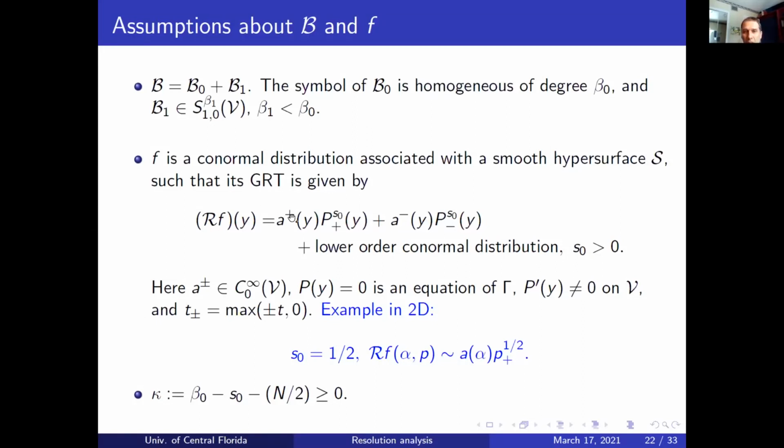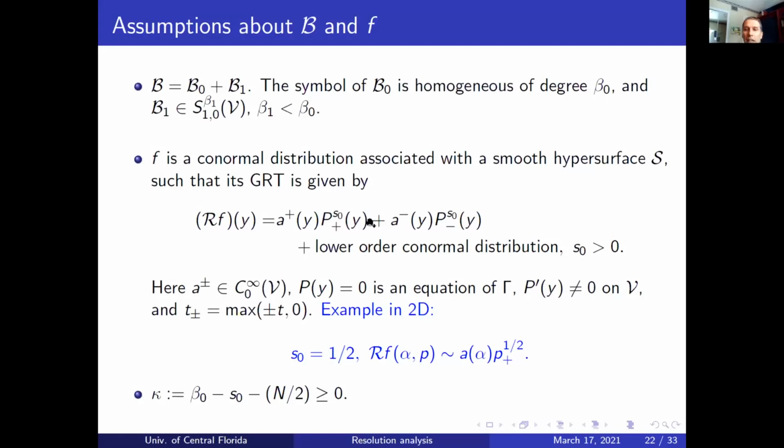And so here, superscripts plus minus just denote two different functions. A plus and A minus are smooth, and subscript plus minus denote the positive and negative part of a number. So P plus is the same as P when P is positive, and 0 when P is negative, and similarly for P minus. Right?